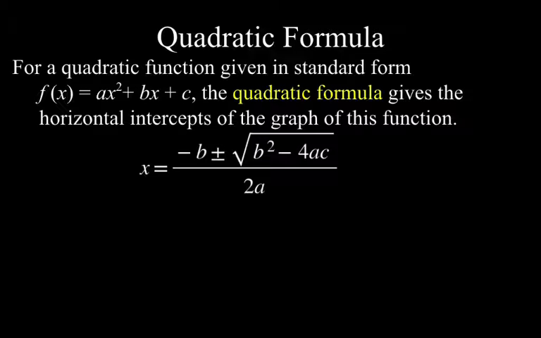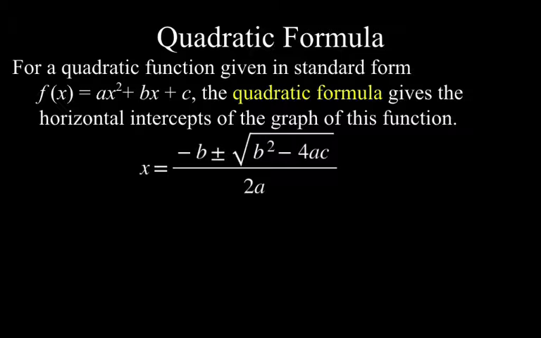This will work every time, but the function needs to be given in standard form, ax squared plus bx plus c. You get this formula, x equals, and then we have this big fraction. The top of the fraction says the opposite of b plus or minus the square root of b squared minus 4ac.